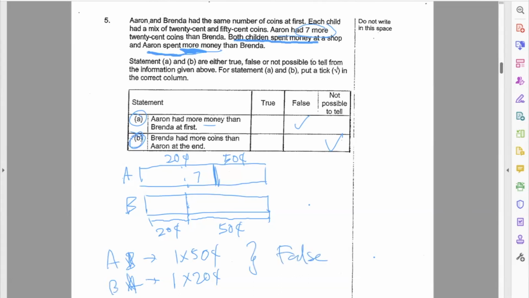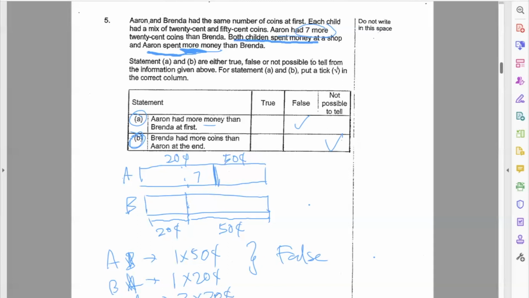Let's look at another scenario. In this scenario, Aaron spent more money than Brenda. Aaron spent 60 cents. Brenda spent 120 cents.